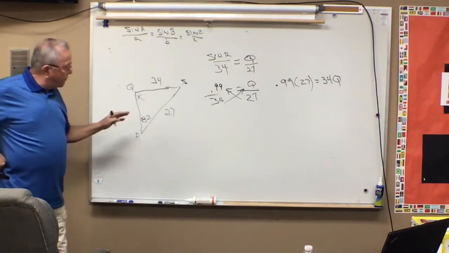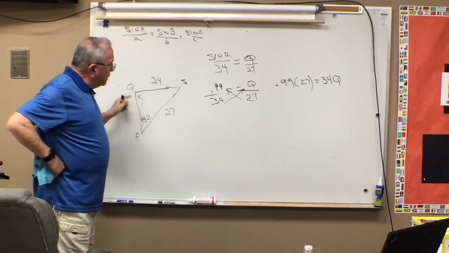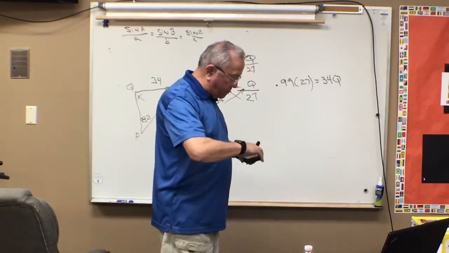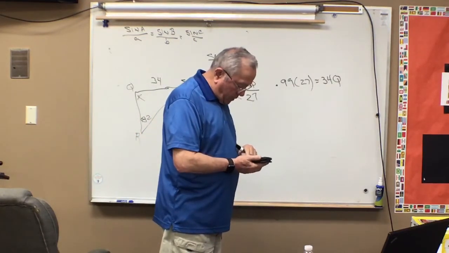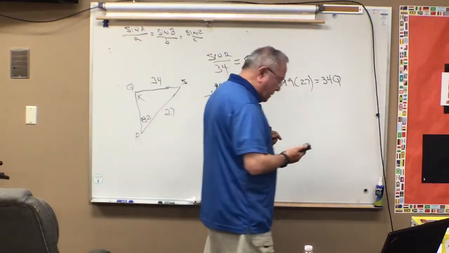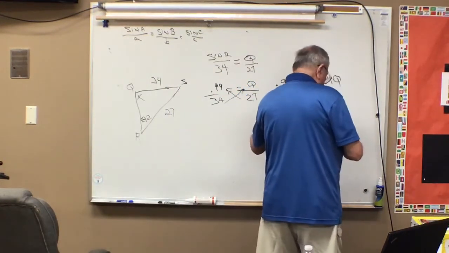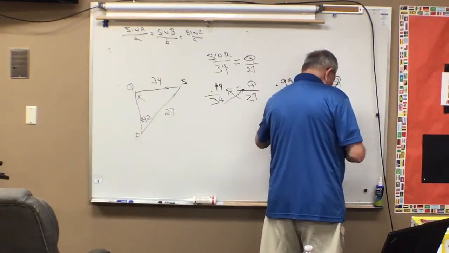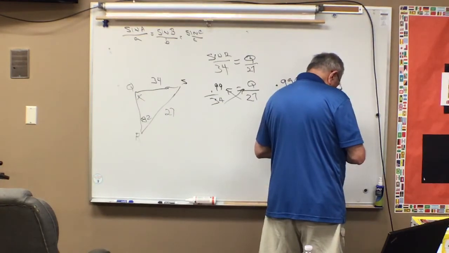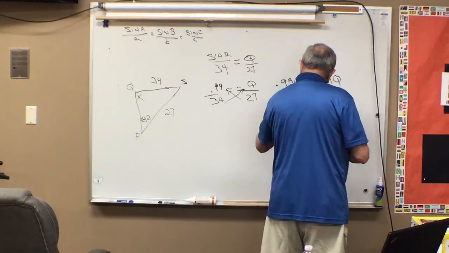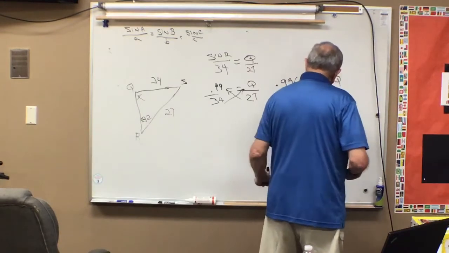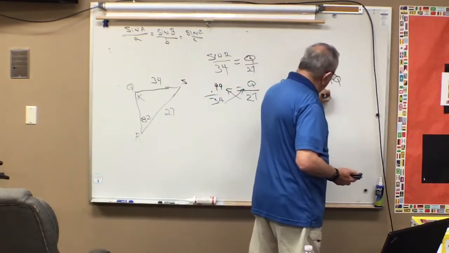So now we've found this, now we've got to find this, don't we? So 0.99 times 27, it's going to be about 26 something, I bet. 0.99 times 27 equals 26.73, okay? So that equals 34 times sine Q, doesn't it?